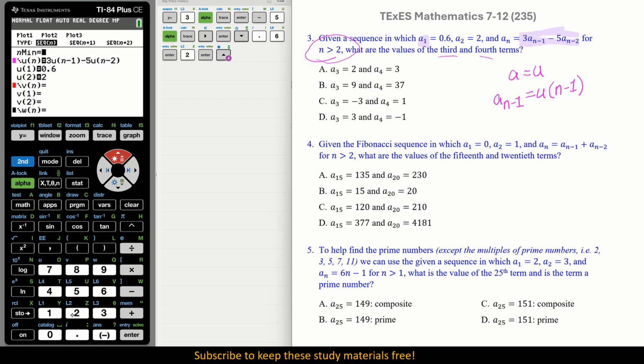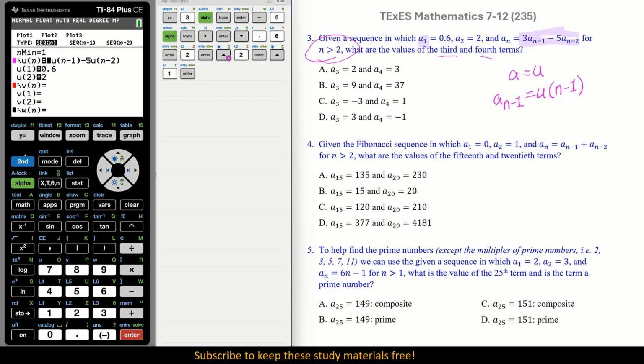I'm going to change it to 2 and push enter. Look what happened to our U sub 1 and U sub 2. It changed. It's not what we want. That's not what's in our given problem. Only change that if you have an A sub 2, 3, whatever, if your given changes. But our given hasn't. We're still at 1. So I'm going to change it back.